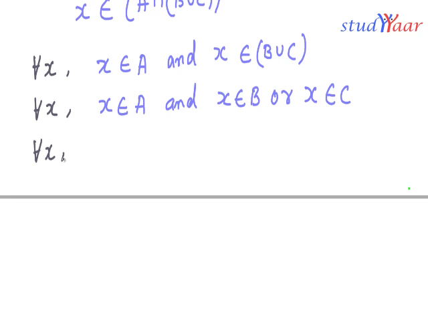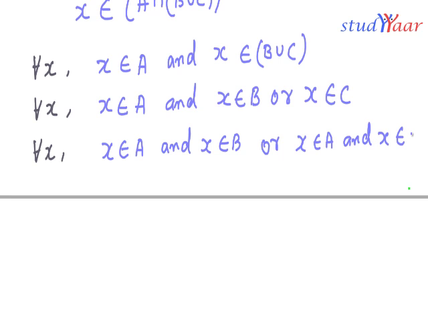For all X, I can say that X is present in A and X is present in B, or X is present in A and X is present in C.